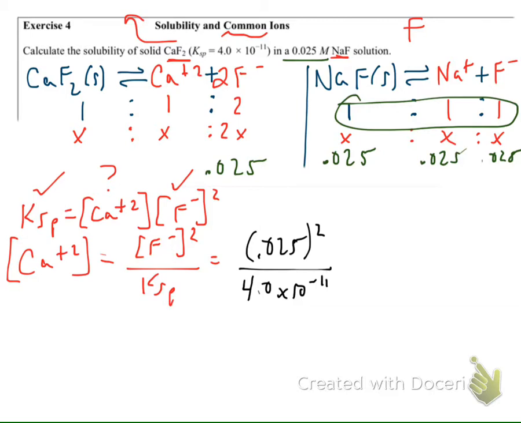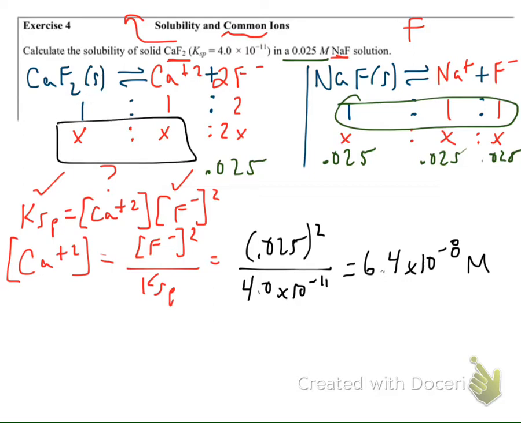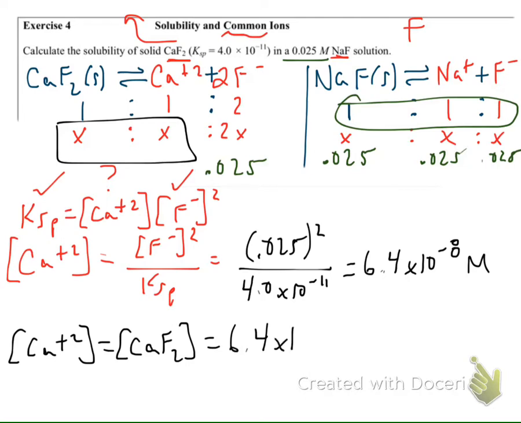And that gives me a value of 6.4 times 10 to the negative 8th molar. And so that's my Ca plus 2 ion concentration. And I know that if I'm trying to solve for this overall, and these are a 1-to-1-to-1 ratio, that my Ca plus 2 is equal to my CaF2, and is 6.4 times 10 to the negative 8th molar.